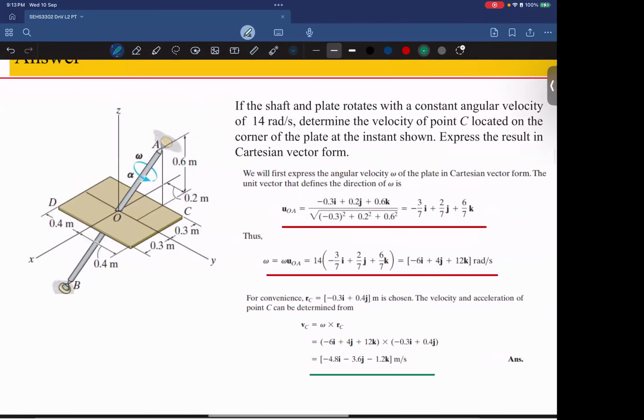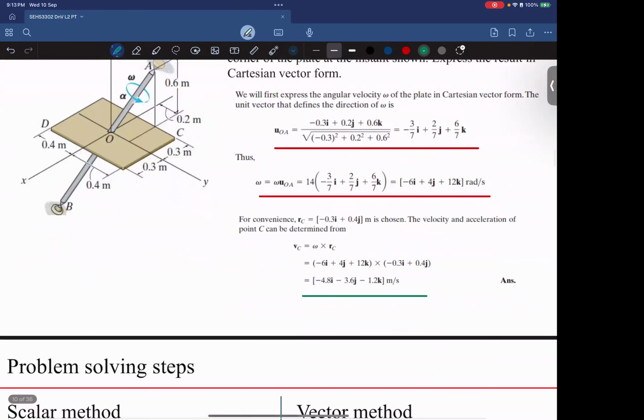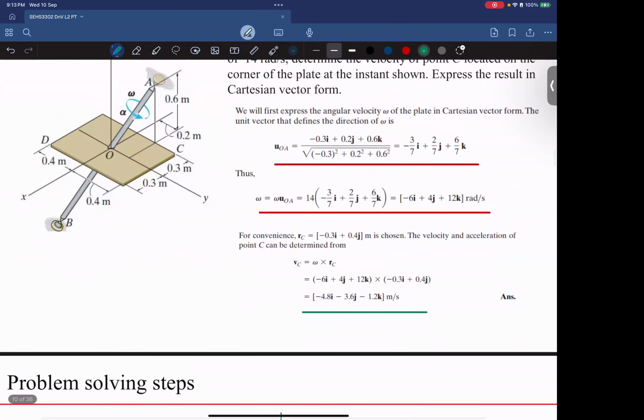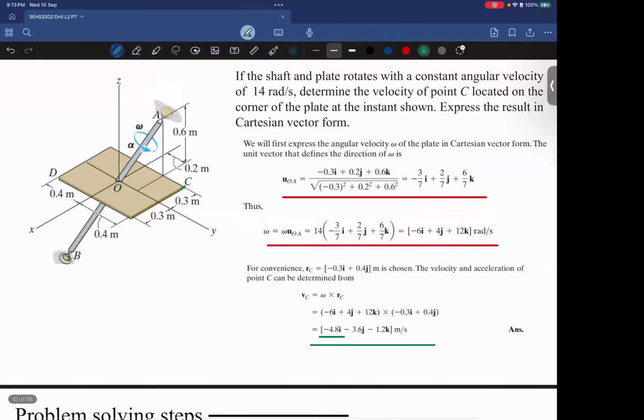After that, we can find this velocity, which is negative 4.8 I. We can draw this vector here, right? Negative 4.8 I, which is in this direction.